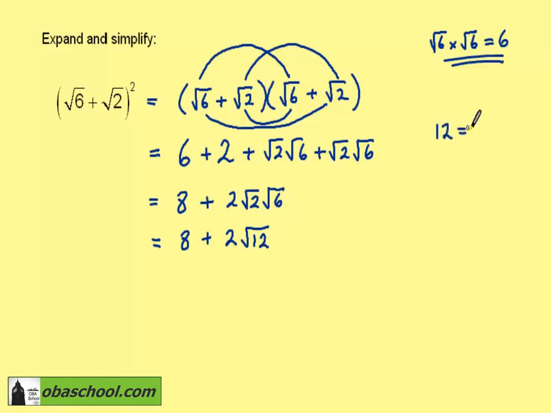And 12 is equal to 4 times 3. So we have 8 plus 2 times root 4 root 3. The square root of 4 is 2, so we have 2 times 2 times root 3, which is 4 root 3.